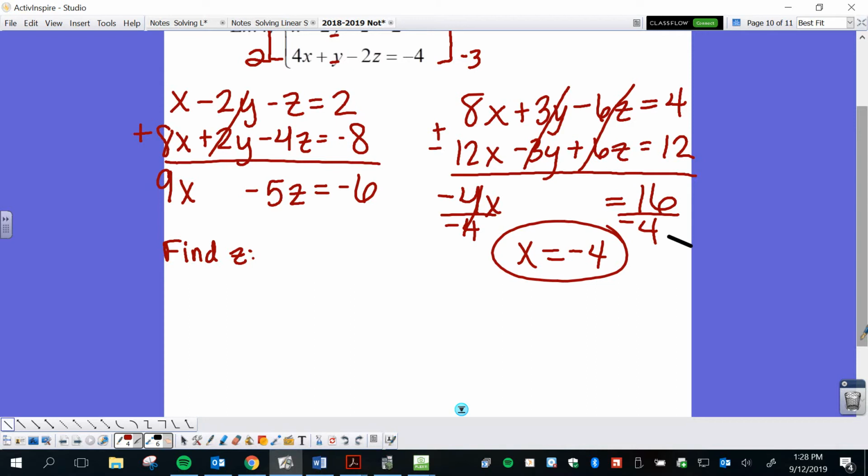So I plug in negative 4 for x, so 9 times negative 4 minus 5z equals negative 6. 9 times negative 4 is negative 36 minus 5z equals negative 6.